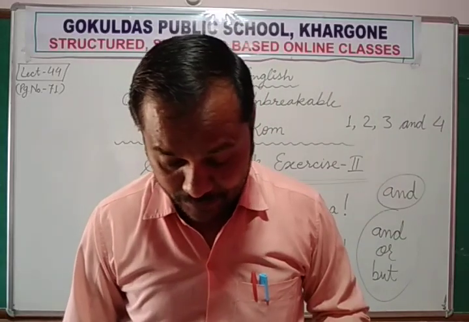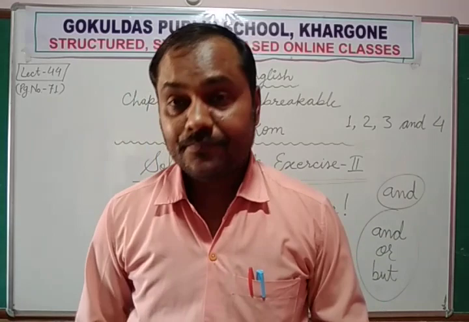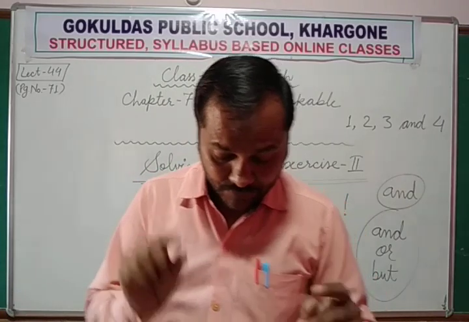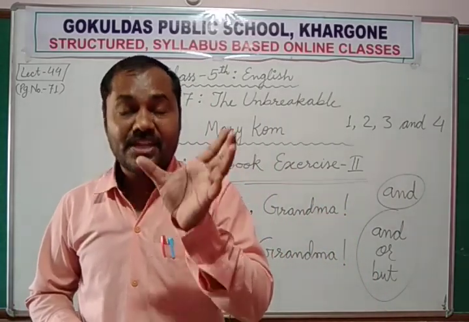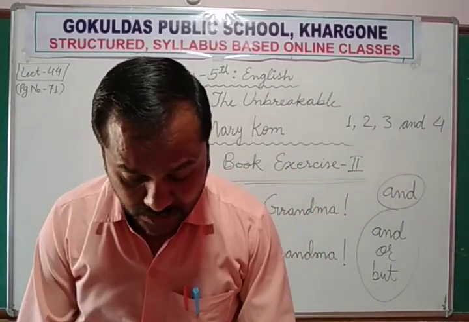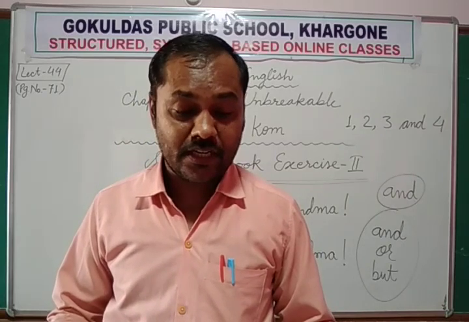Okay, just like the example, Mary Kom. Mary Kom is a name, means a noun. Then after Mary Kom we put a comma, and additional information is given for Mary Kom: the first Indian woman boxer to win a gold medal in the Asian Games.